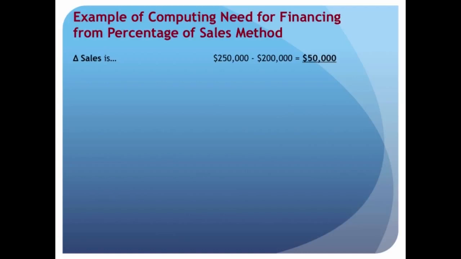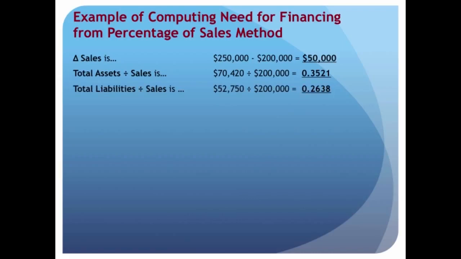Total assets divided by sales is derived from actual historical balances and is 0.3521. Total liabilities divided by sales is also derived from historical balances and is 0.2638.